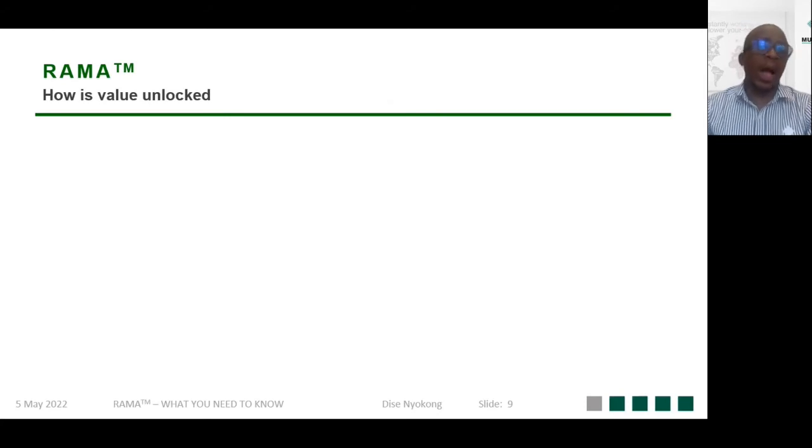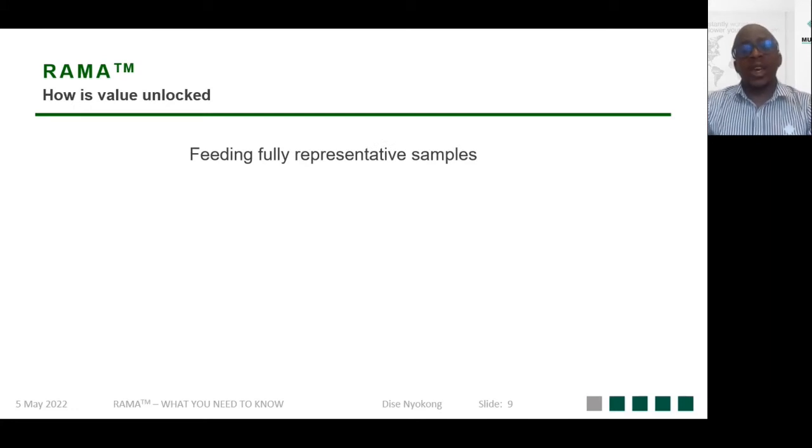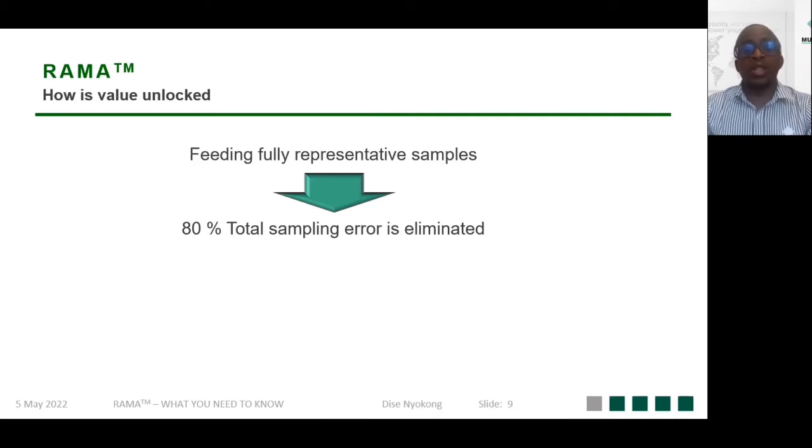By that, you will ask, how is RAMA different from the conventional setup, and how is it unlocking value that is already there? Firstly, it feeds fully representative samples as compared to process control, as I've alluded to previously. And by that, it removes about 80% of total sampling errors, which is normally associated with process control type samplers.